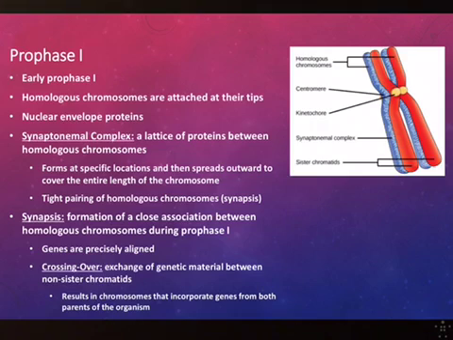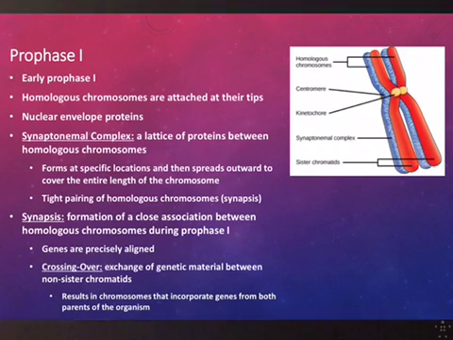And then we eventually form the synaptonemal complex, which is the lattice of proteins between homologous chromosomes. So these would be the little hair-like structures in here. Those are your complex that hold the 2 homologous chromosomes together.